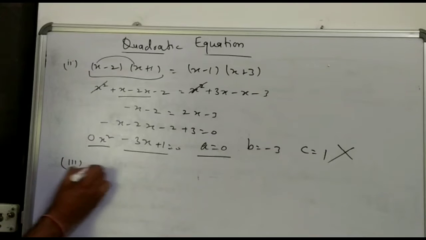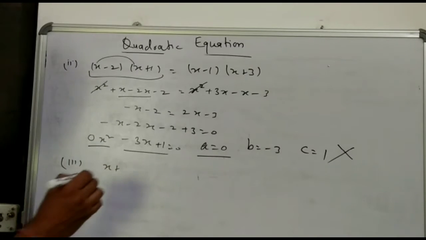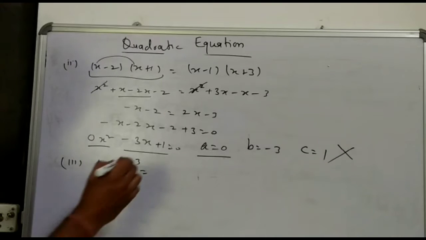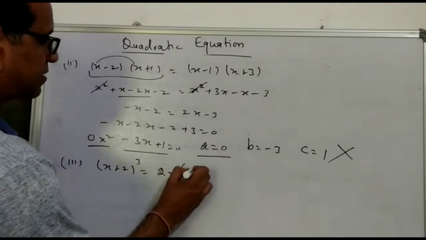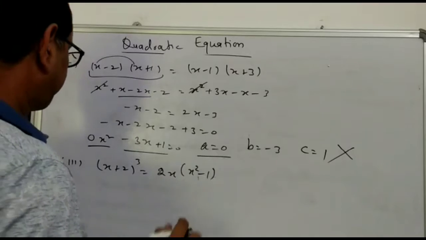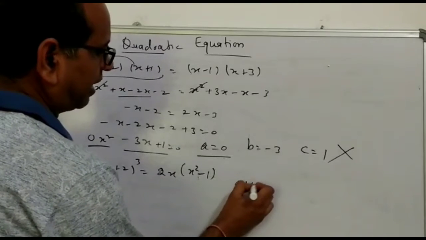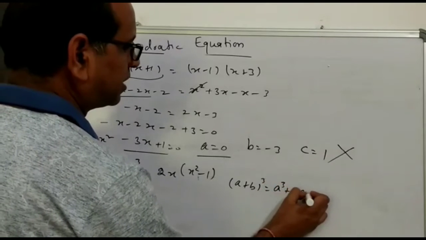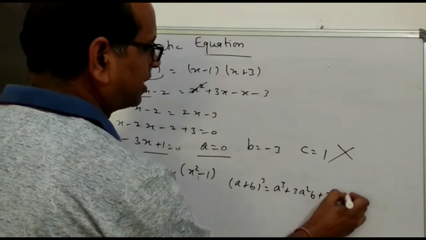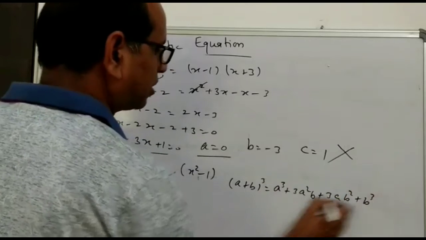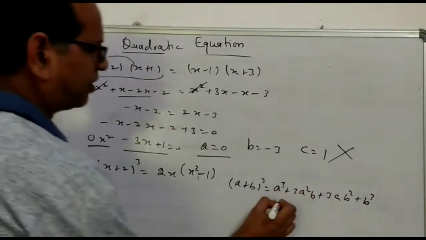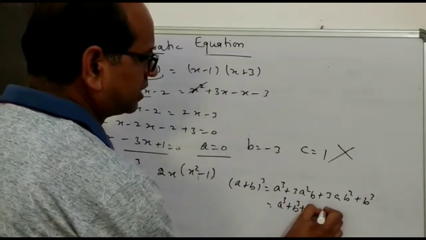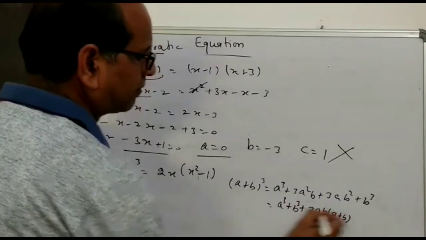Third part, x plus 2 whole cube and 2x x square minus 1. Now you know the identity a plus b whole cube equals to a cube plus 3a square b plus 3ab square plus b cube, or it has many forms. Even it is like this also, a cube plus b cube plus 3ab times a plus b.